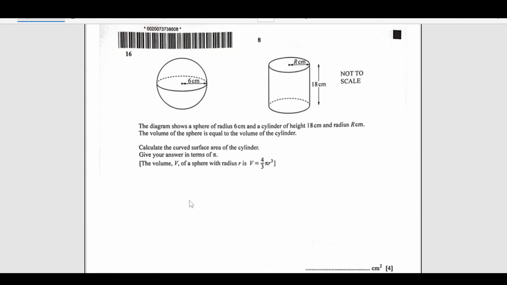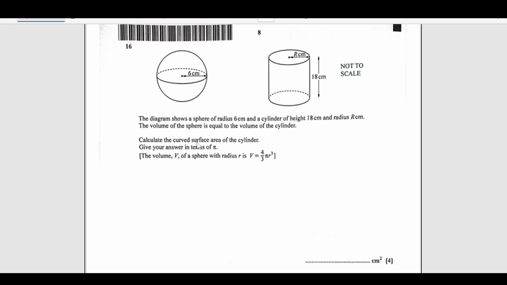The diagram shows a sphere of radius 6 centimeter and cylinder of height 18 centimeter and radius is r. The volume of the sphere is equal to the volume of the cylinder, right? Calculate the curved surface area of the cylinder. Give your answer in terms of pi. We are given the volume formula of the sphere here, 4 by 3 pi r cubed, right?